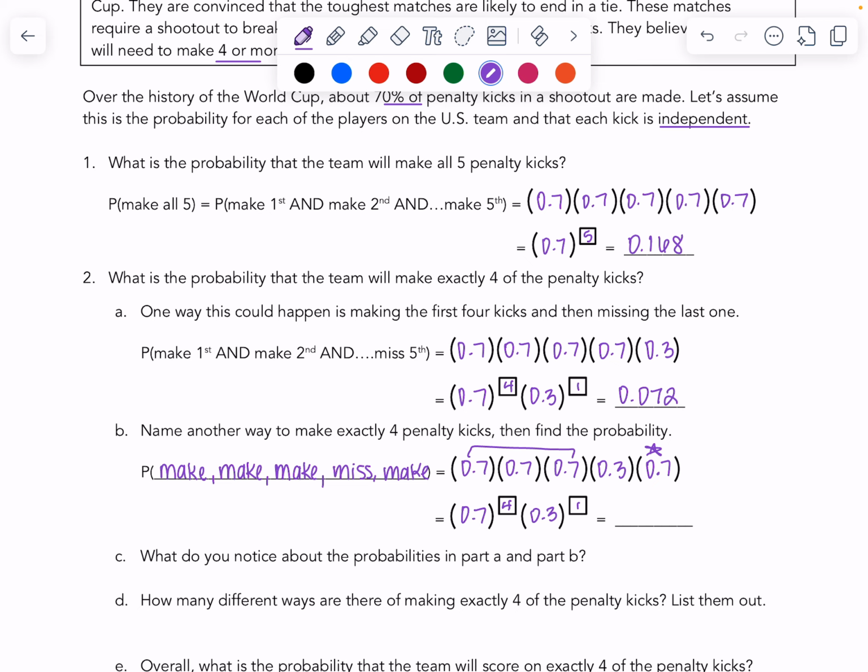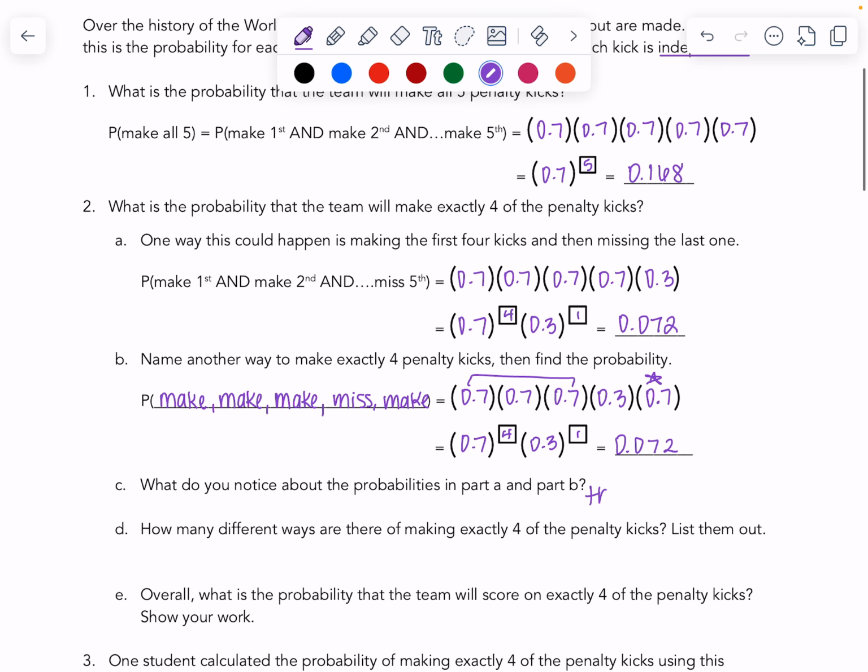If we calculate it, we can see that it's the same probability that we calculated above, and we get 0.072. So what do we notice? They're the same. They both equal 0.072.